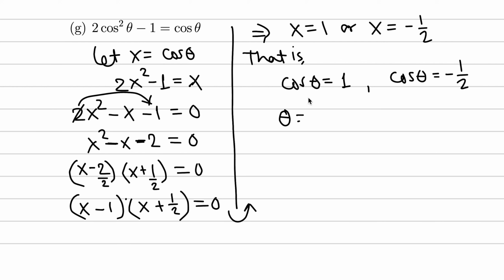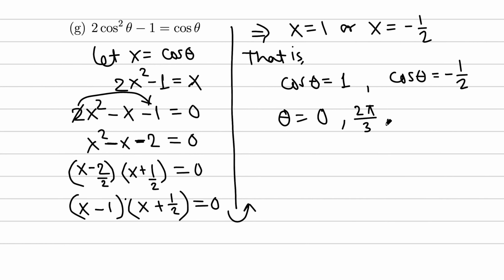Now look at the unit circle and find the angles where the x coordinate is 1. That is at 0, cosine 0 is 1. For negative 1/2, that is 2 pi over 3 and 4 pi over 3. These are the final answers.